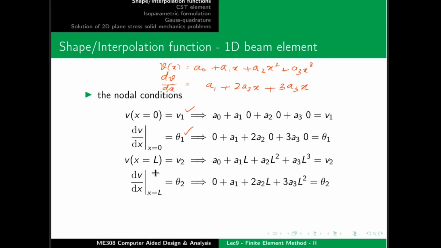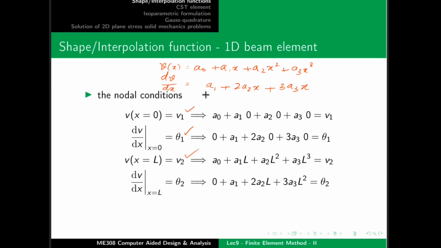At x equal to L, we have displacement v2. Substituting x equal to L in the expression for v of x, we get a0 plus a1L plus a2L square plus a3L cube equal to v2.